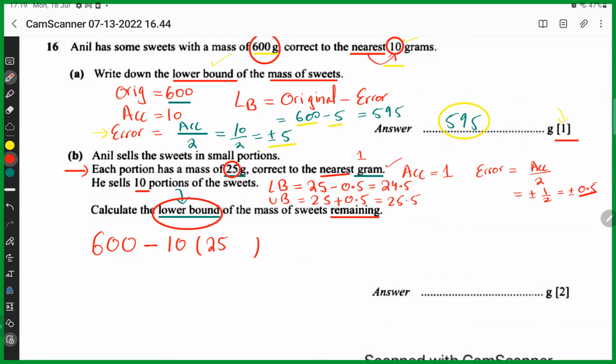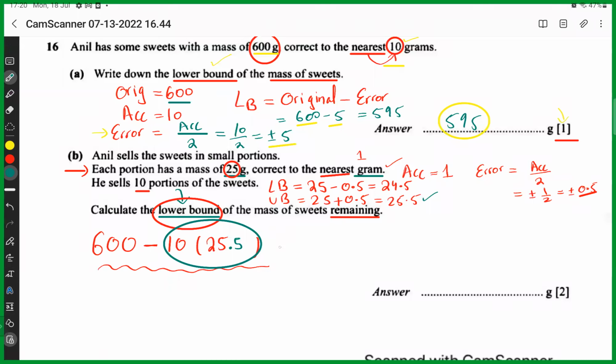Lower bound of remaining means this is a difference. In order to have the lower bound for a difference, we are going to take the upper bound of this quantity, and for that I will go for 25.5. Now this difference would be a lower bound. If I use 24.5, I know that the overall value would be more, and that would be the upper bound.